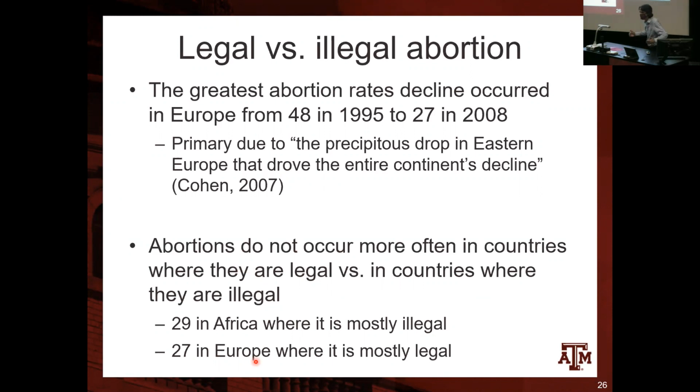Because when you make abortion legal for women, you also provide information, you also provide access to other affordable, modern methods. So women, of course, abortion is not an easy process. They would prefer to have access to other modern methods instead of performing abortion.